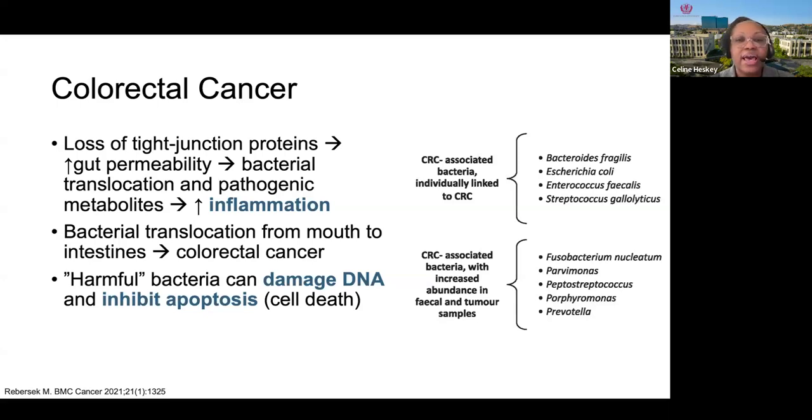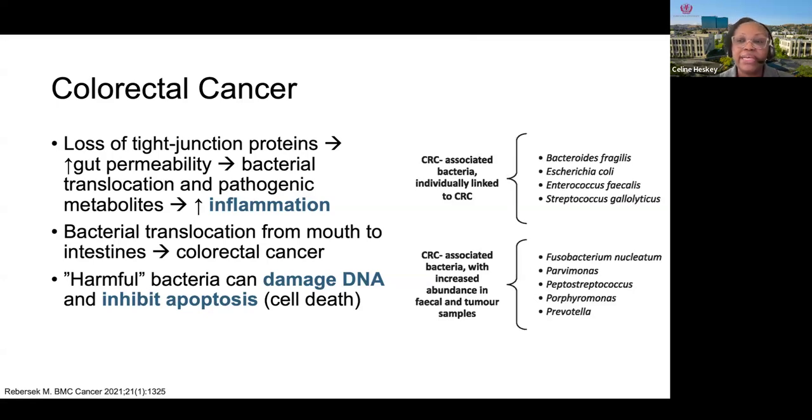Additionally, research indicates that there is evidence that bacteria normally associated with the mouth can also travel to the large intestines. And so that appears to be associated with colorectal cancer.